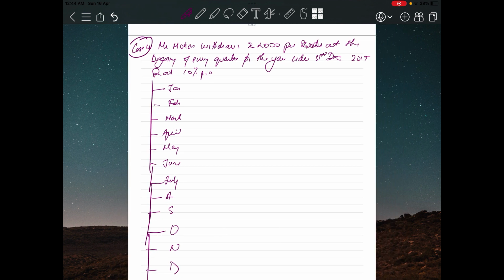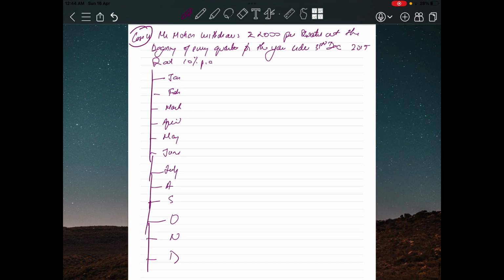So this is the timeline we have drawn. Now when is Mr. Mohan drawing 2000 per quarter? At the beginning of every quarter. Now I hope you know how many quarters there are in a year? 4 quarters in 1 year, and 1 quarter will have how many months? 3 months.